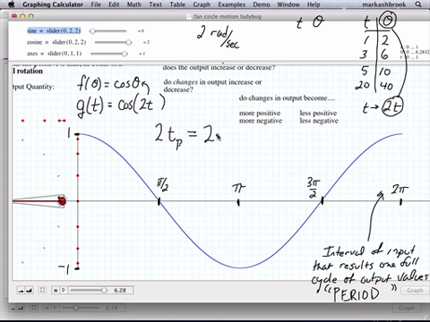So 2t is the same as theta. So when theta makes a full cycle, the corresponding time will be the time it takes to make a full cycle. Does that make sense? So then we can solve for the time period, which would be pi, right? 2 pi over 2 is pi.